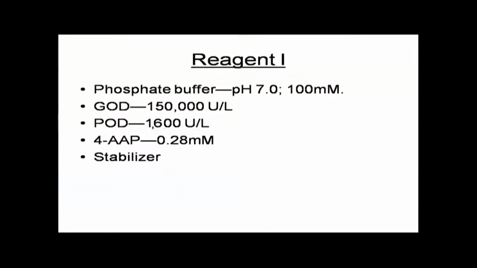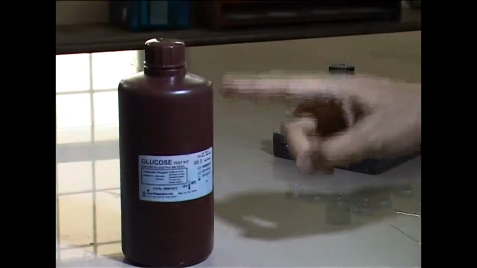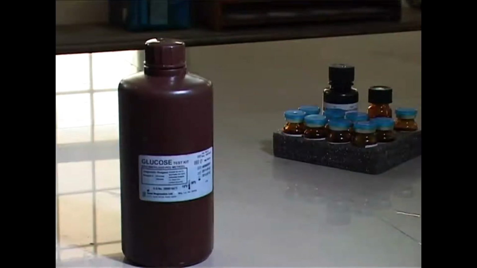The phosphate buffer is also included here, with a concentration of 100 millimolar at pH 7. The concentration of glucose oxidase is 150,000 units per liter and peroxidase is 1600 units per liter. Glucose diluent is nothing but phenol. It is supplied in an amber bottle to avoid light contamination.